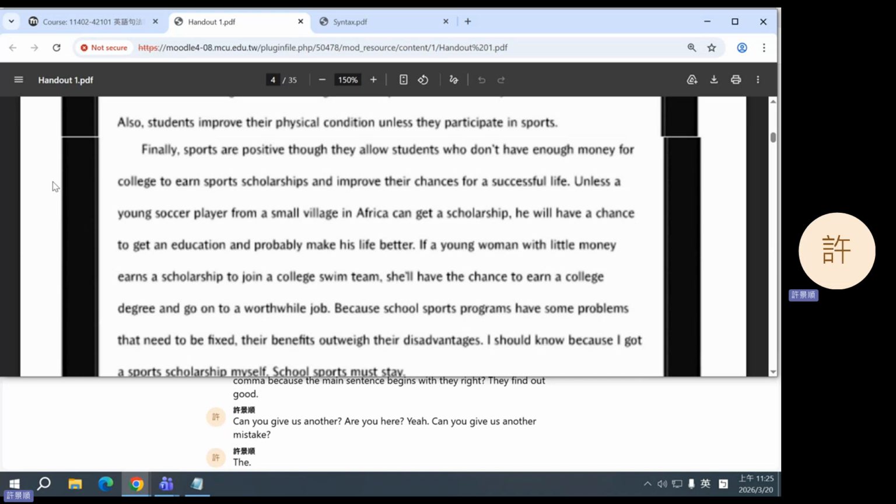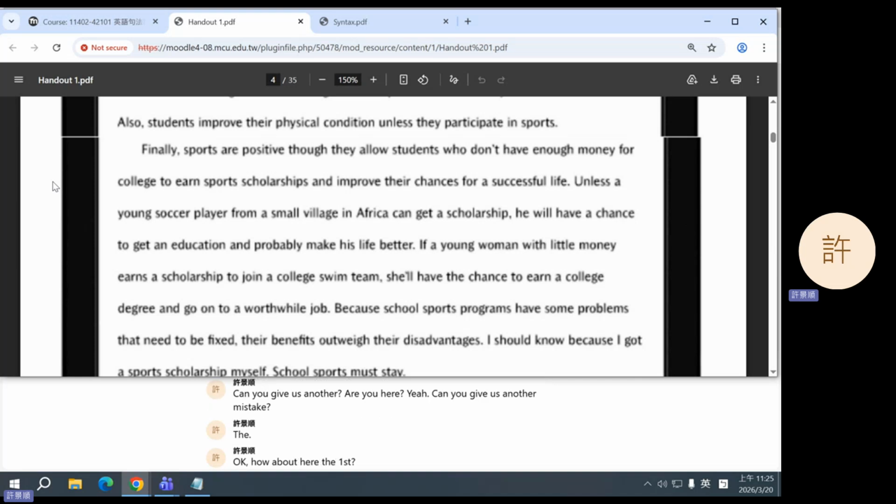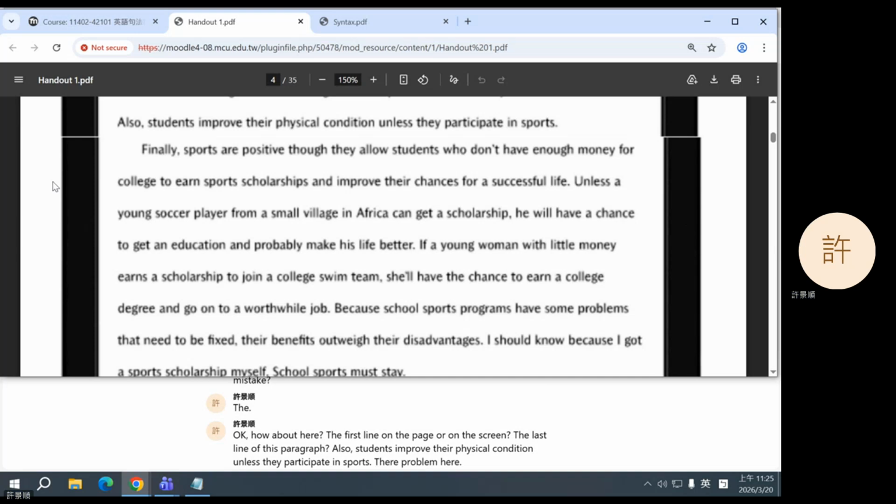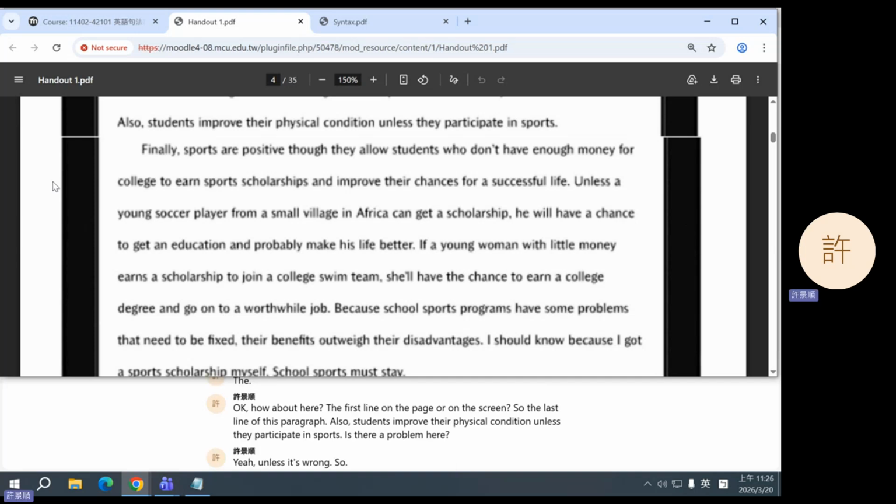Okay, how about here? The first line on the page or on the screen, the last line of this paragraph. Also, students improve their physical condition unless they participate in sports. Is there a problem here? Yeah, unless it's wrong. So how can we fix this?